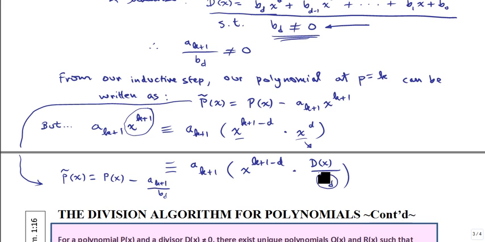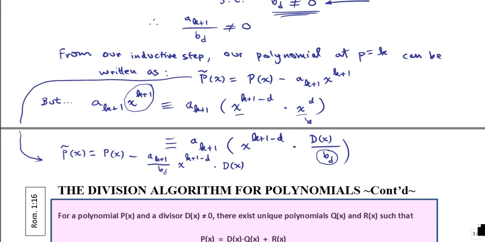I'm bringing that outside, times x to the k plus 1 minus d times d of x, the divisor polynomial. But what was the p tilde polynomial?